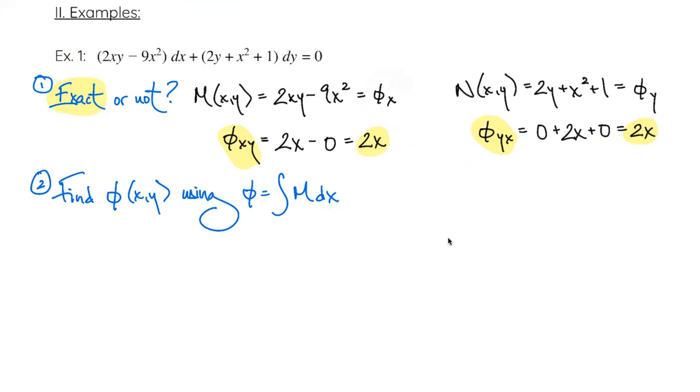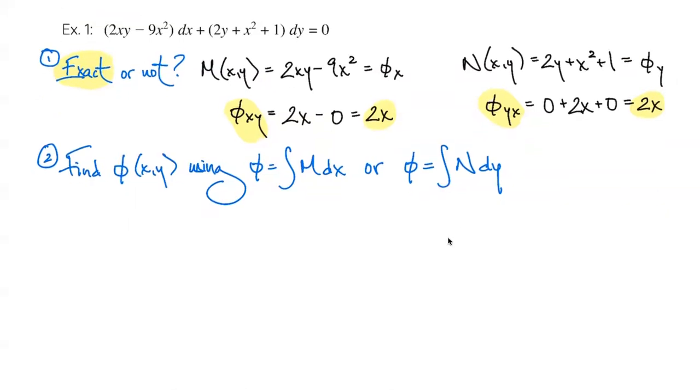Similarly, we could use phi equals the integral of N dy. The reason it's N dy is because N is the partial with respect to y, so to go back to phi, we have to take the integral with respect to y.